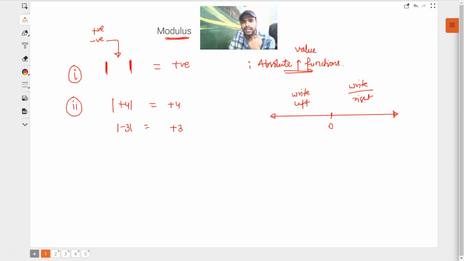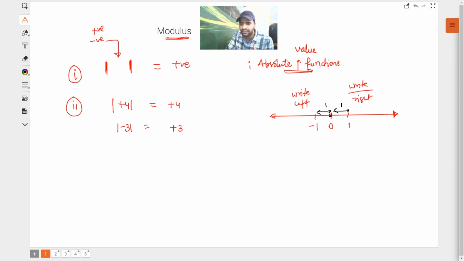But what we came to know about modulus is that if my number is, let's say, 1 and -1, and I put both of these numbers into modulus, I'll get +1, because the distance of both of these numbers from 0 is 1 only. Absolute value means I only talk about magnitude, and magnitude is always positive.